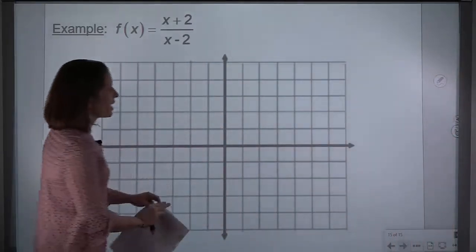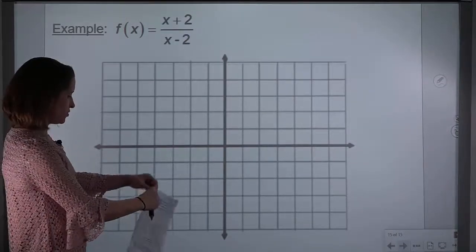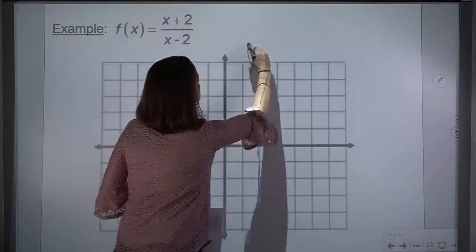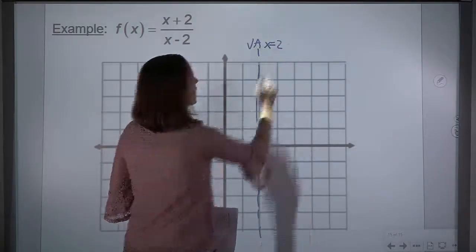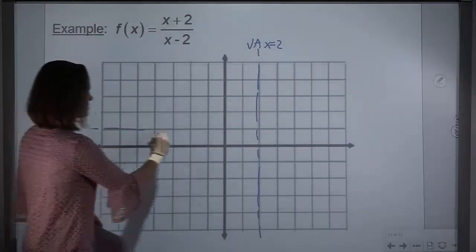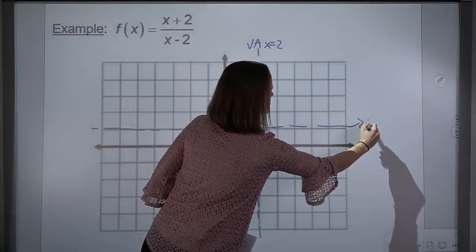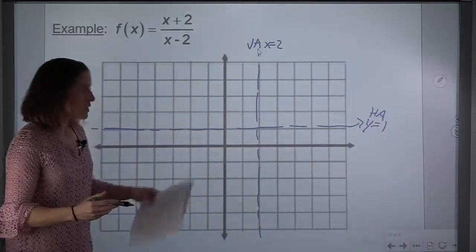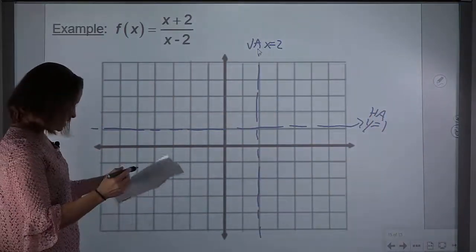So I know we had a vertical asymptote at x equals 2. And we had a horizontal asymptote at y equals 1. And then we had some intercepts.